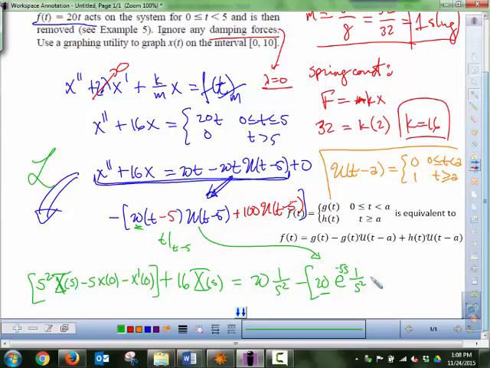The second term is a constant. And then just doing the regular shift is just e to the negative 5s. And then what? Is this good, or do we multiply by something else? 1 over s.